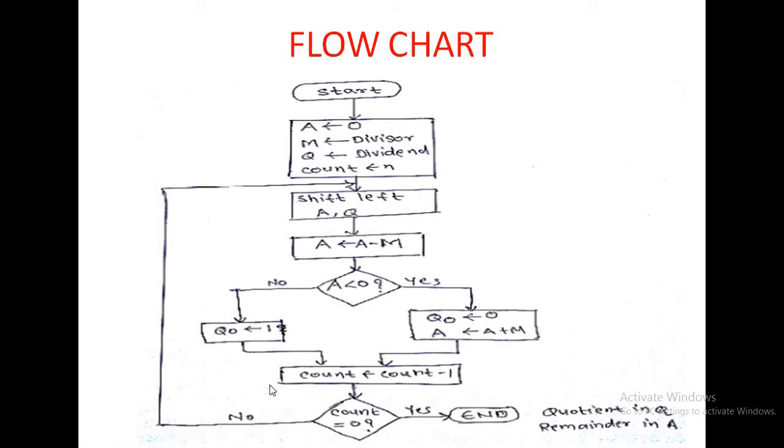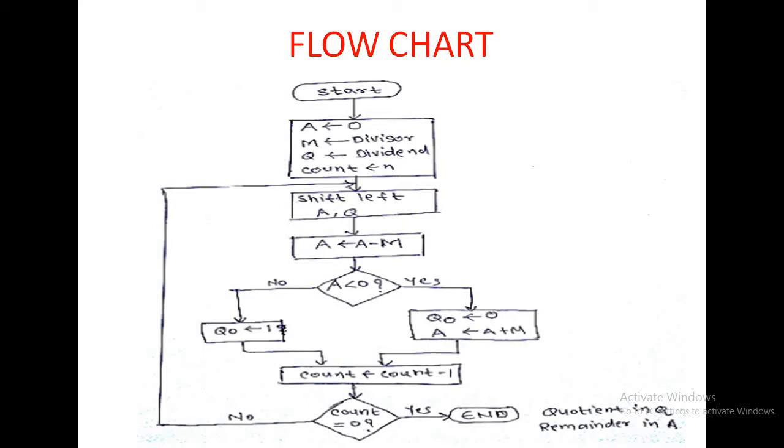After left shifting, we will perform A = A - M. Then we check whether the value of A is less than 0 or greater than 0. Less than 0 means the value is negative, otherwise it is positive. How will we know whether the value is positive or negative? In the last classes, we have already learned that if the sign bit is 1, the value is negative.